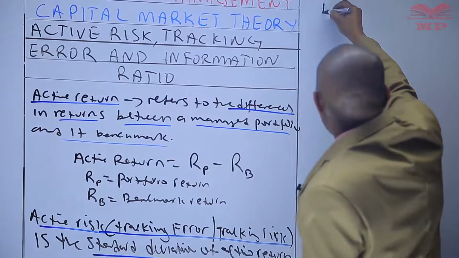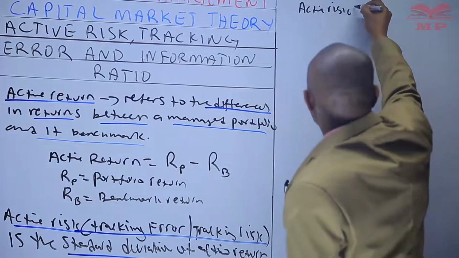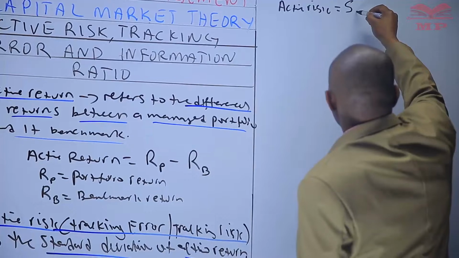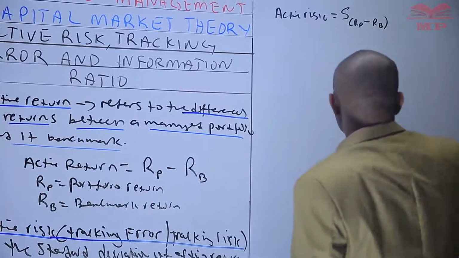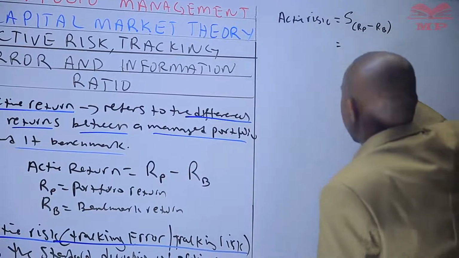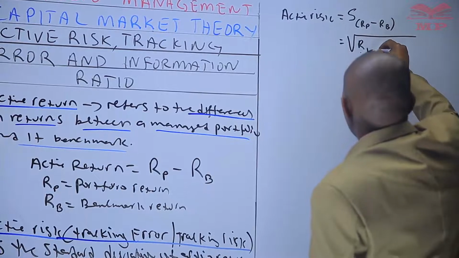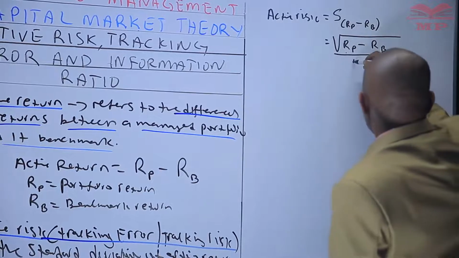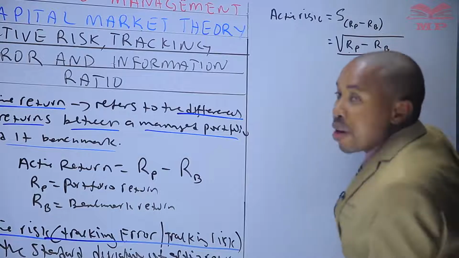So active risk is given as the standard deviation of return on the portfolio minus return on the benchmark, which can be expounded as follows: the sum of squared differences of return on the portfolio minus return on the benchmark, divided by n minus 1, where n is the number of periods.